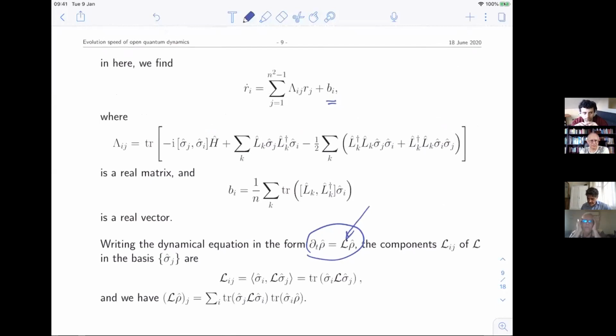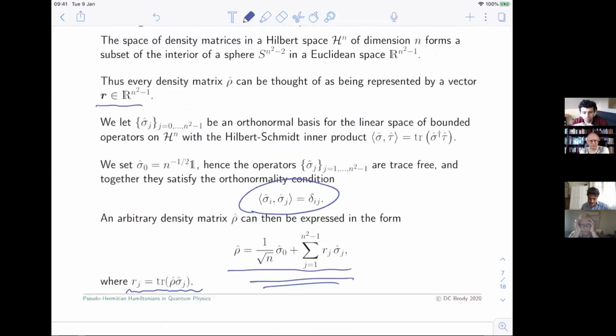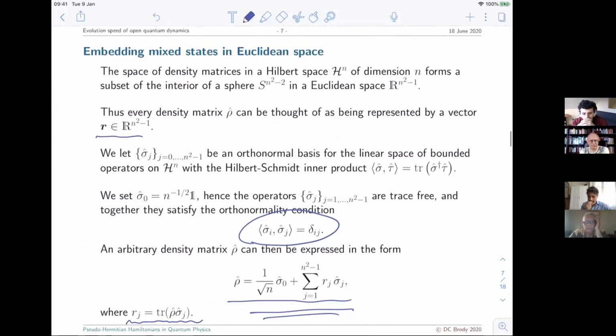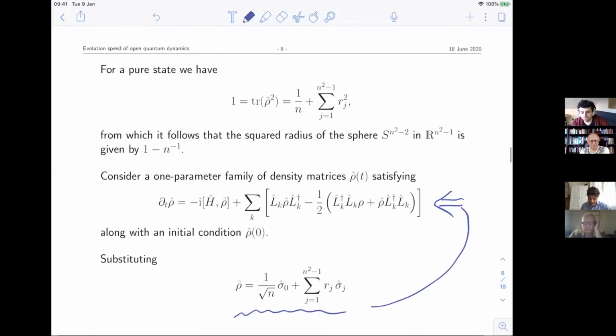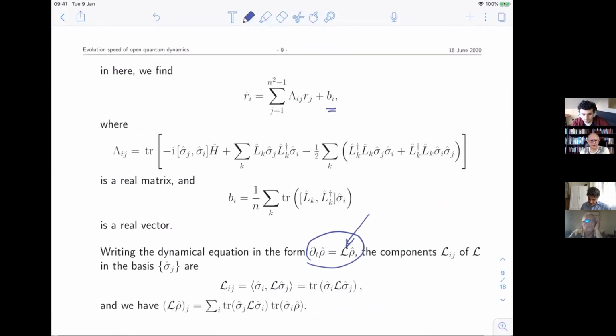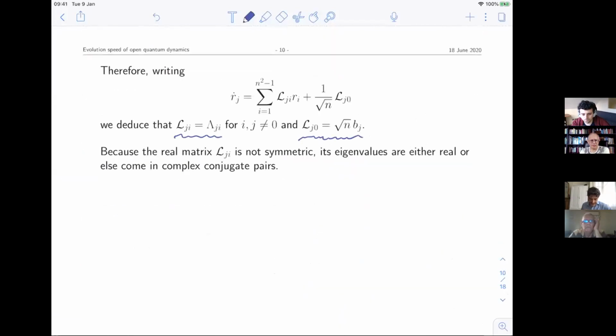So I decided the easiest is to work out my own way, and this embedding into R^n is basically how I tried to implement the analysis of the eigenvalues of the Liouville operator. It may coincide with what people do in some cases, but probably not all the cases. Okay, so that's what we have. And this matrix representation of the Liouville operator is a real matrix, and it's not symmetric, and therefore the eigenvalues are either real or else they come in complex conjugate pairs.